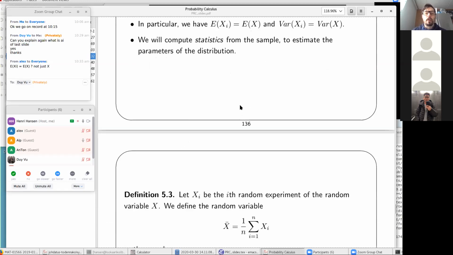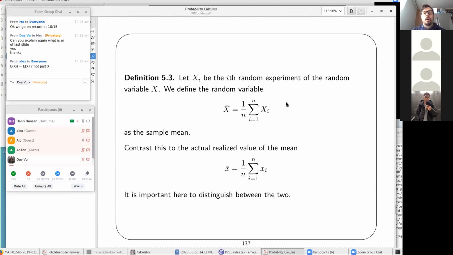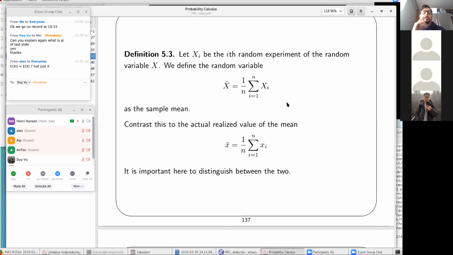All right, let's move on to statistics. We already defined this, but remember we talked about when you have an actual sample, meaning you have the numerical values, we call that the sample mean. But you have to distinguish the realized value, which is the actual values you got, from the random variable before the fact.